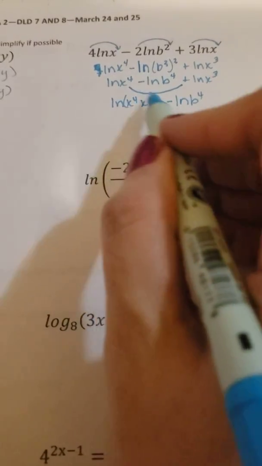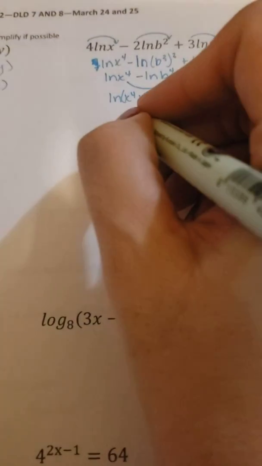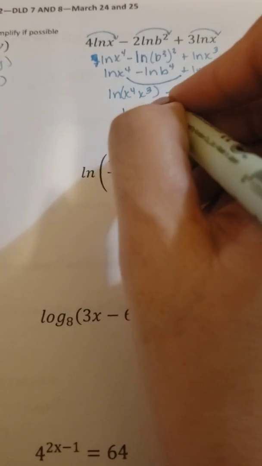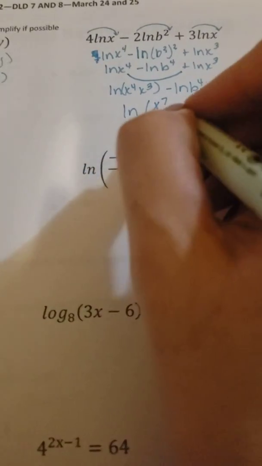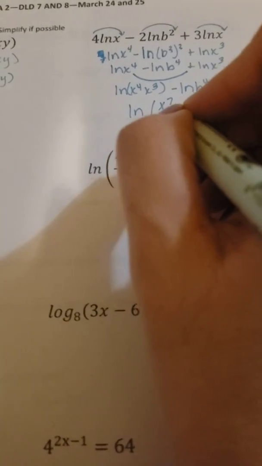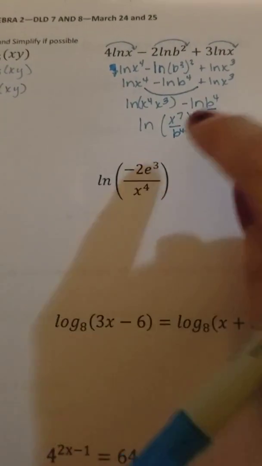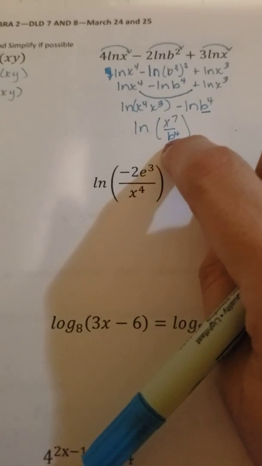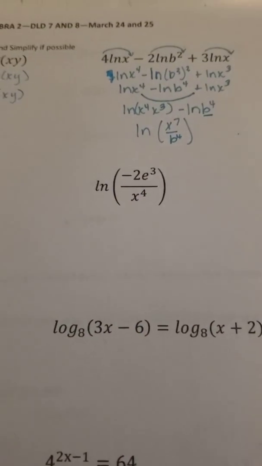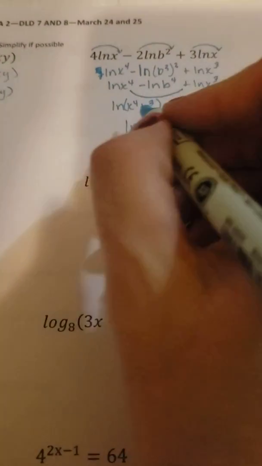These two things will combine into x to the seventh power. And this subtraction brings b to the fourth power down here on the bottom in the denominator. Now, since x and b are two different bases, I can't combine any further, so that's my answer.